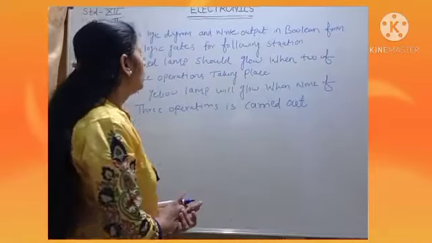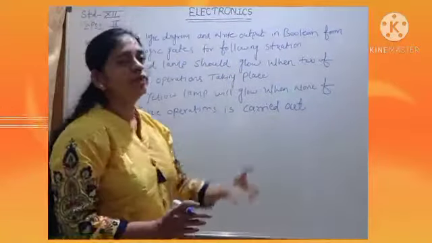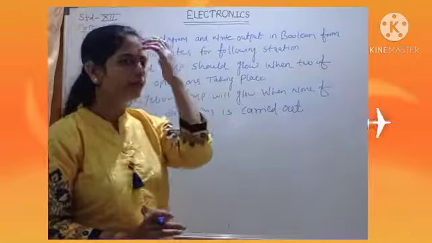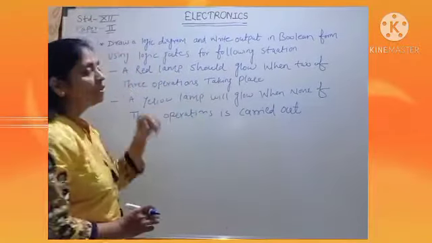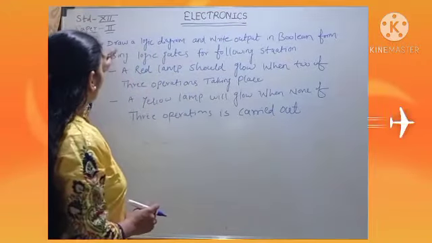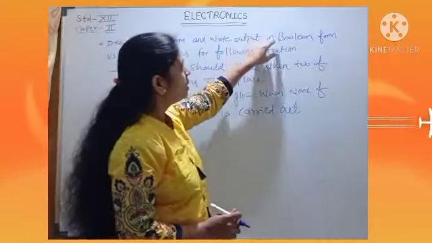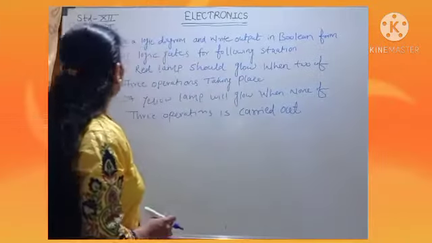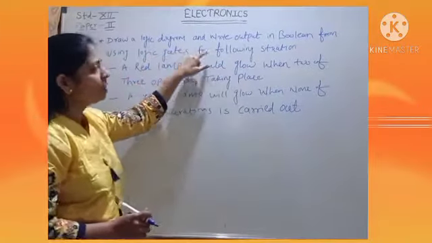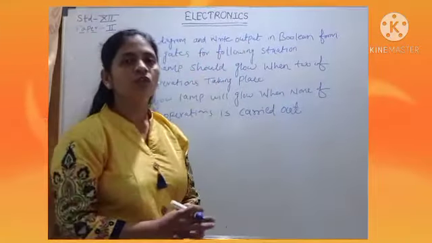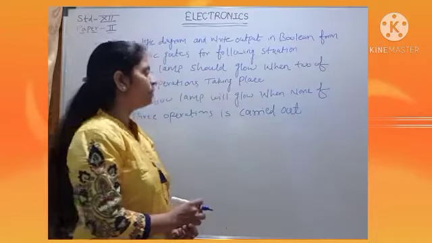Let's solve a word problem related to logic gates. The question is: draw a logic diagram and write the output in Boolean form using logic gates for the following situation. Two situations are given.